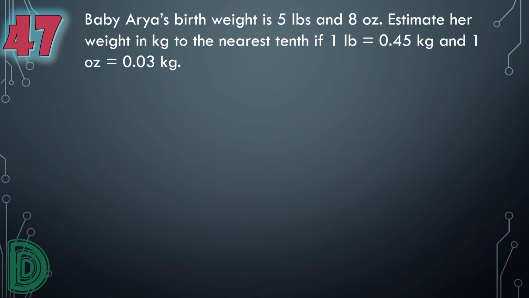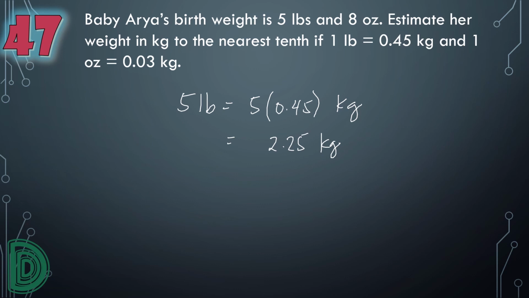Therefore, we have 5 pounds will be equal to 5 times 0.45 kilograms. And this is equal to 5 times 5 is 25, 5 times 4 is 20, so that will be 2.25 kilograms.